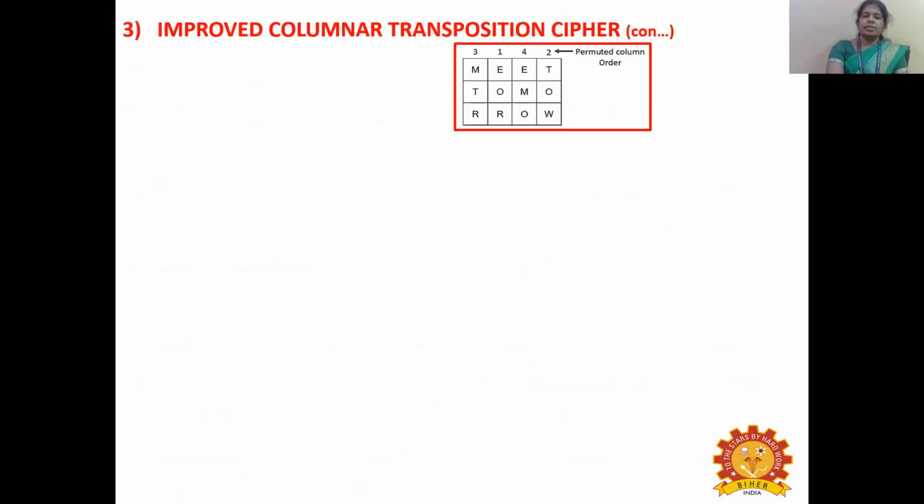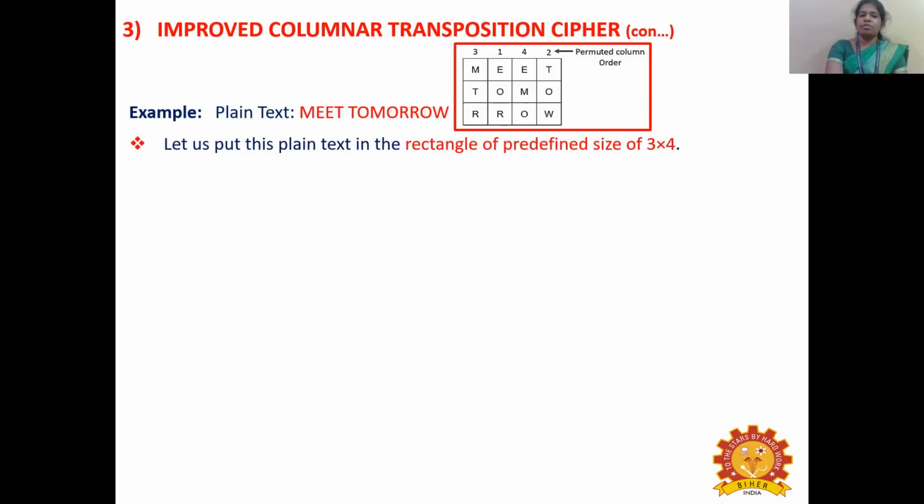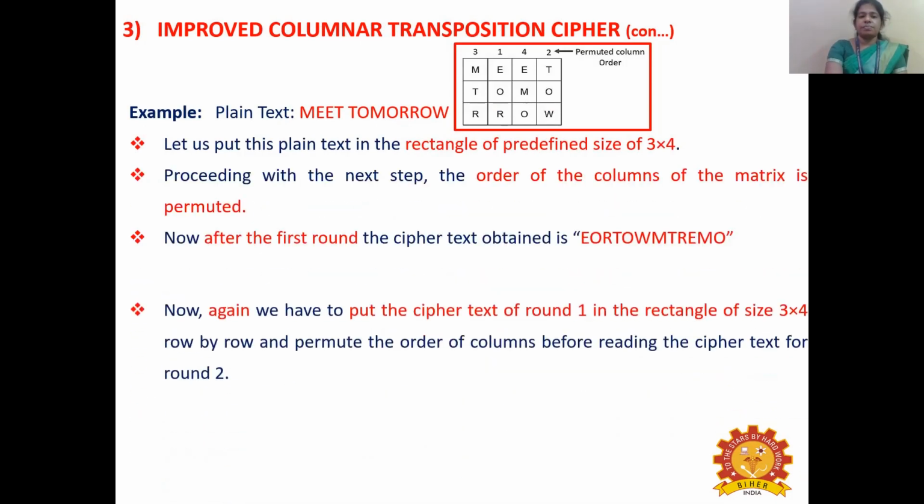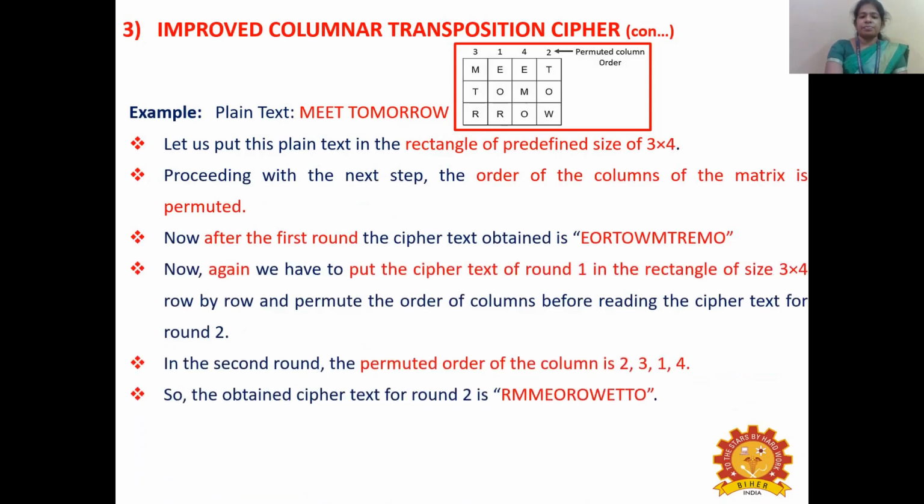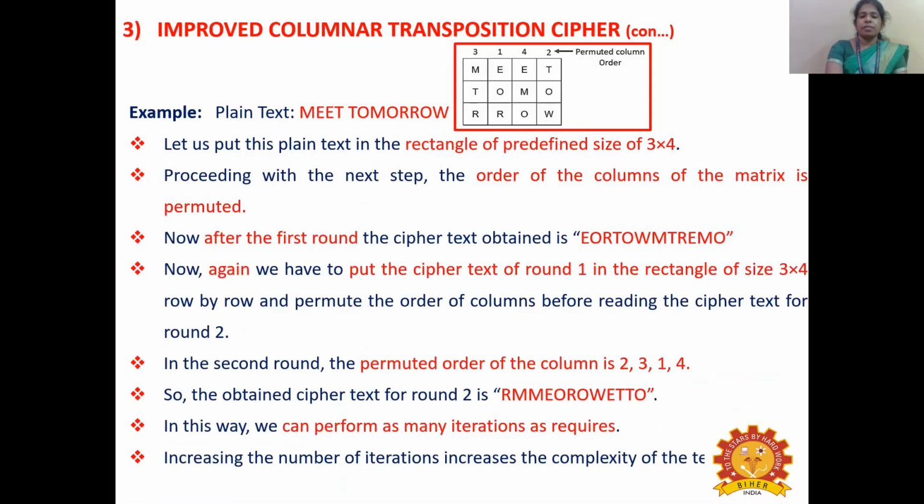Let's take the same example, meet tomorrow. 3142 is the permuted column order which we have already taken for the second type, the columnar transposition cipher. The first step is to fill your plain text into the 3 by 4 matrix.